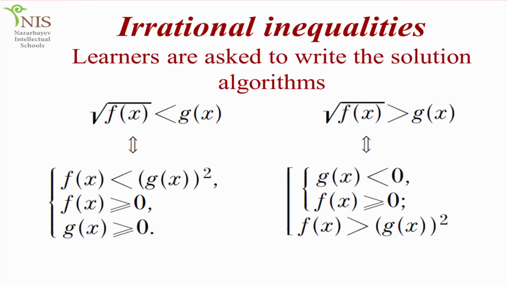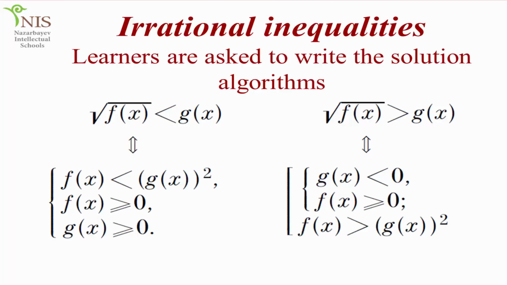For the second one, when the square root of f of x is bigger than g of x, we also take the squares of both sides, and g of x should be less than 0, so it should be negative, and f of x should be bigger or equal to 0.